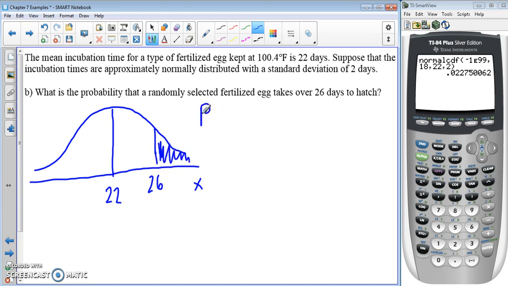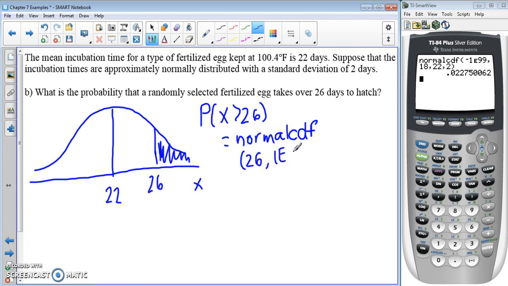So we're looking for the probability that X is greater than 26. That's going to be normal CDF, since we're looking for probability. Our lower bound is 26, and the upper bound goes on forever, so positive 1E99. Our mean is 22, standard deviation is 2.